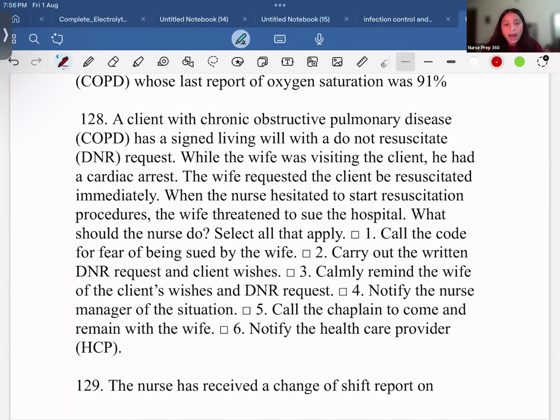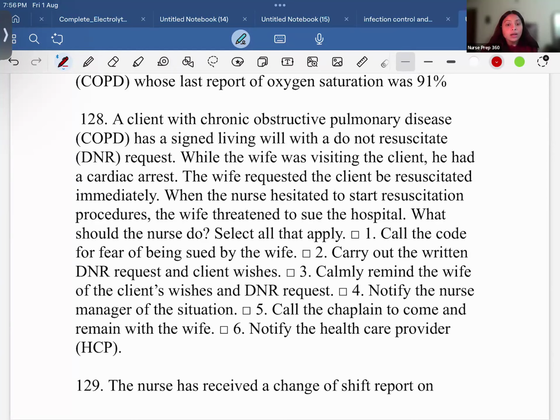Can you change the patient's order on the wishes of a wife? No, ma'am. The wishes are the wishes of the patient. No one can change them. Not even the healthcare proxy can change them. No one can override it, because this is my wish. I want.